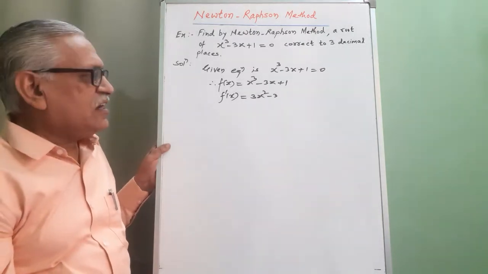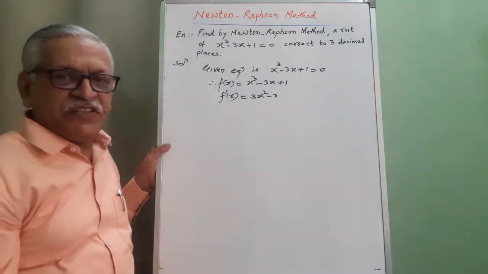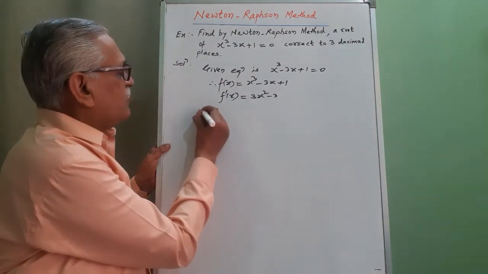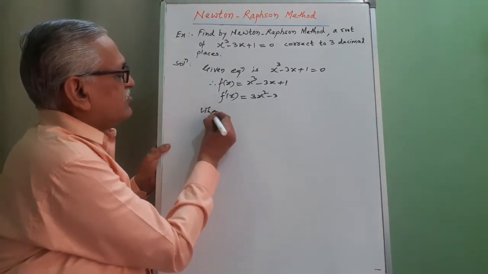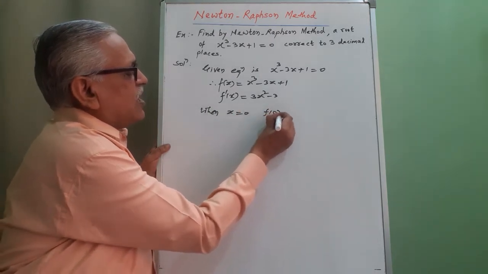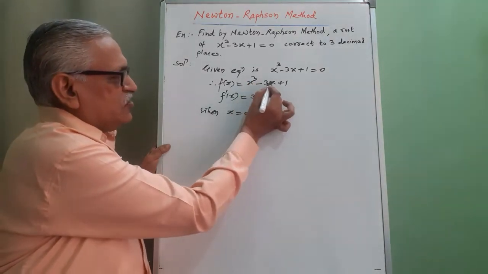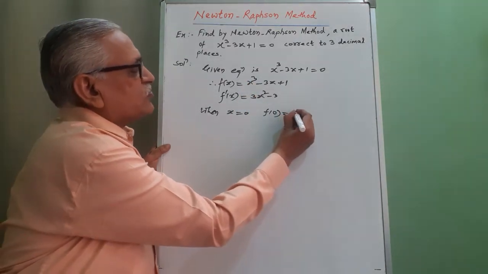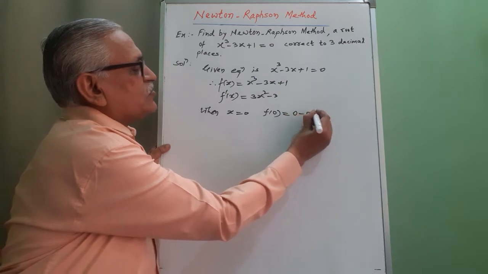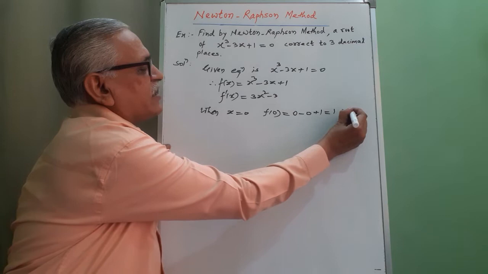And then to obtain the root of the equation, we have to obtain two initial guess values. Therefore, when x is equal to 0, we get f of 0, substituting x equals 0 here, as 0 minus 0 plus 1, which is 1, greater than 0.